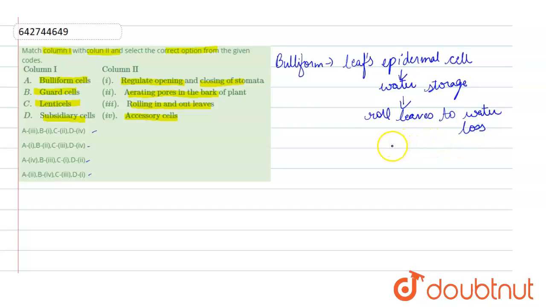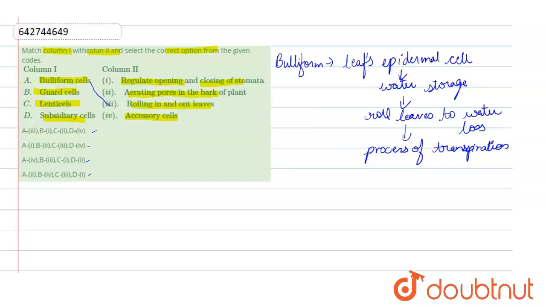This is through the transpiration process, so they control the process of transpiration. So in that case, the correct option should be A, bulliform cell is rolling in and out of leaves.